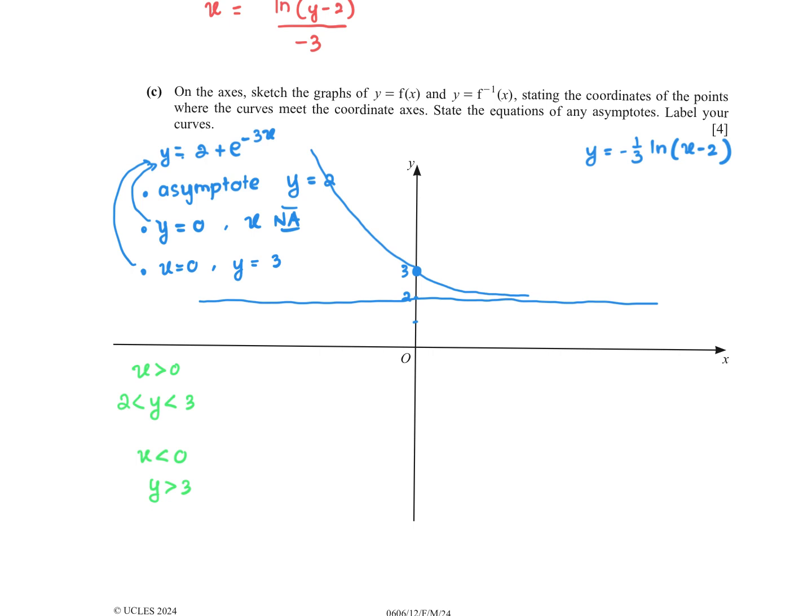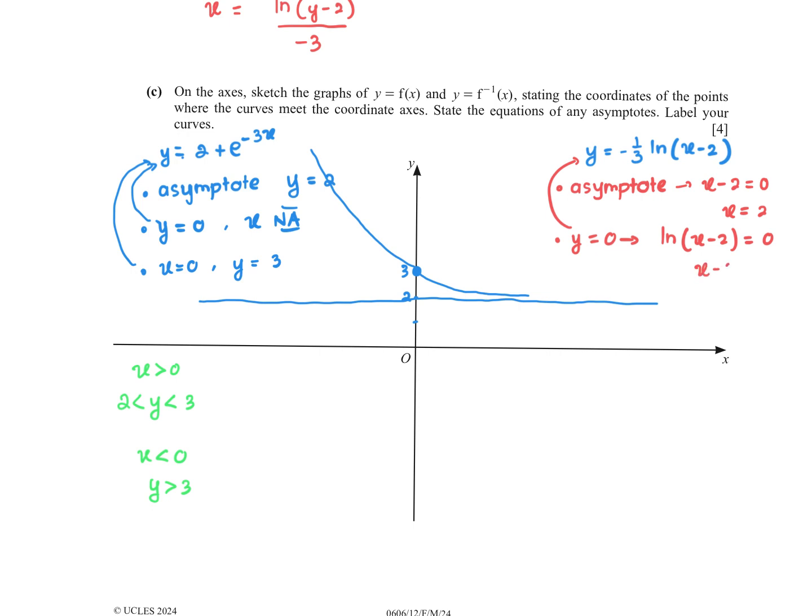Now the second graph, start with the asymptote line. When the x minus 2 is equal to 0, x is equal to 2. Find the intercepts. The x-intercept is when y is equal to 0. I substitute into this equation. So ln(x minus 2) is equal to 0.